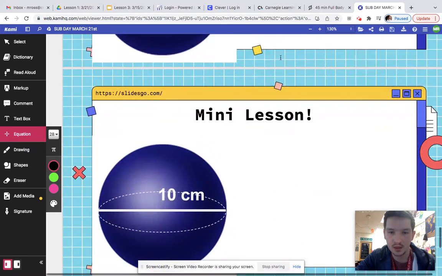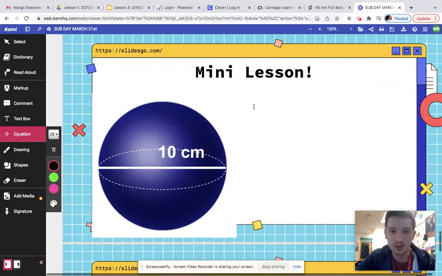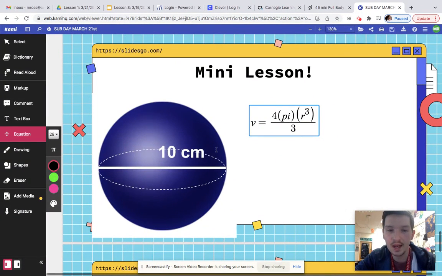My next one here, let's just go ahead and go down, and we're going to do the exact same thing. So we have our volume equals 4 times pi times your radius to the third over 3. And so we have our diameter here, but we need our radius. Okay, so remember, diameter is the full length of that circle, radius is half of it.